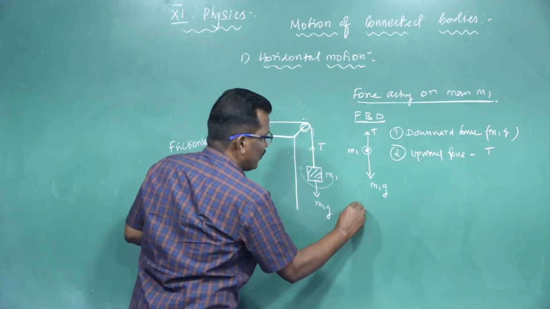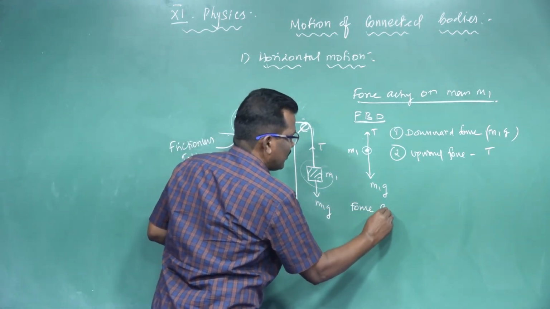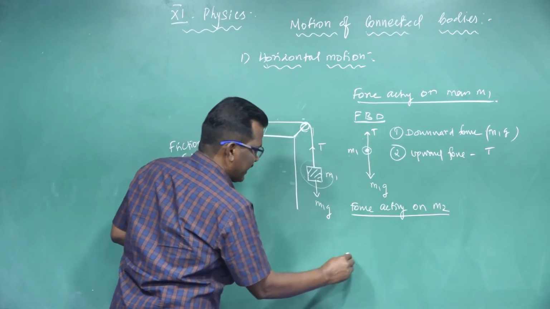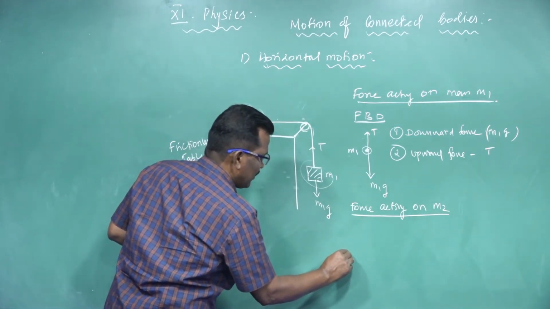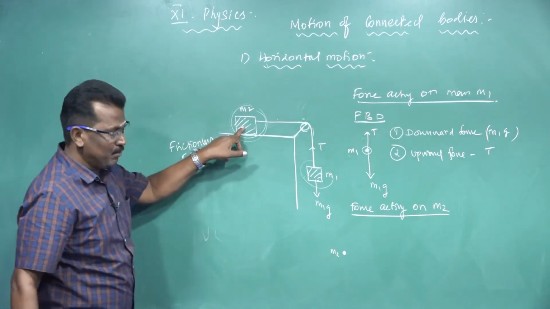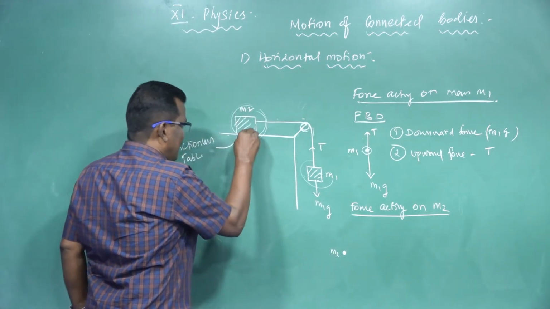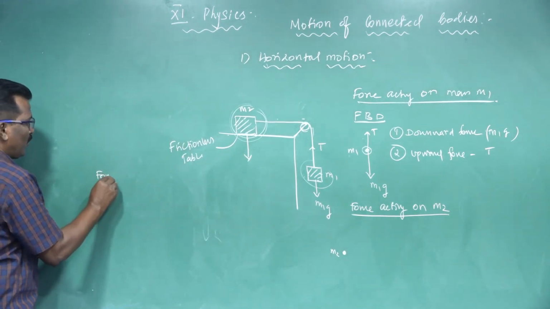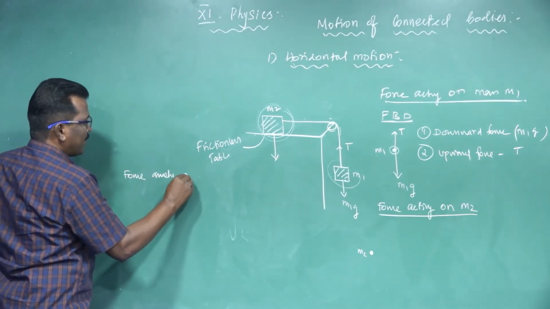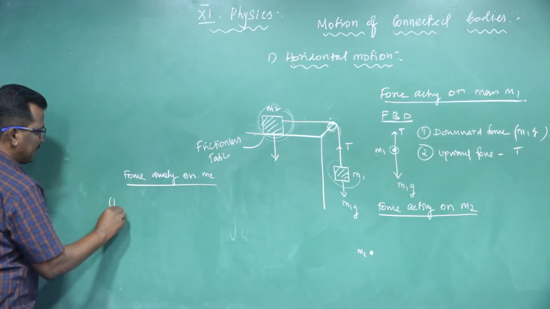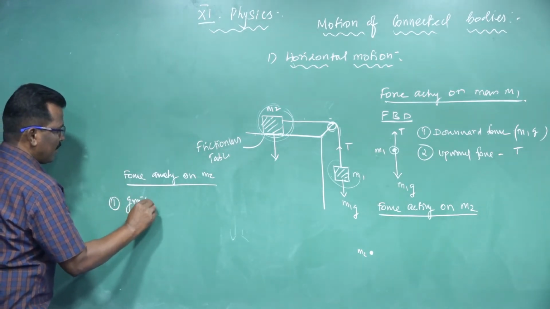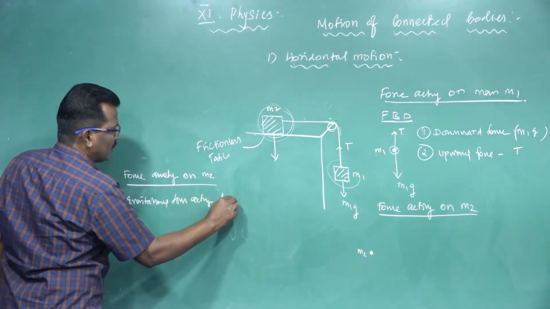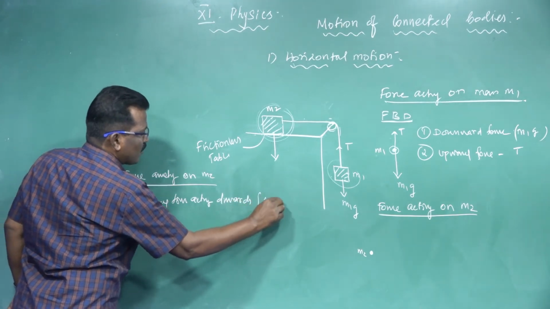Once again, free body diagram. This is mass m2. One of the forces, we know, is the gravitational force acting downwards, that is m2g.